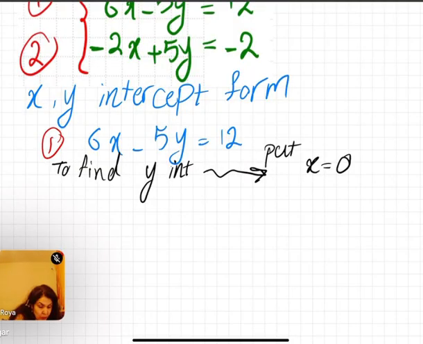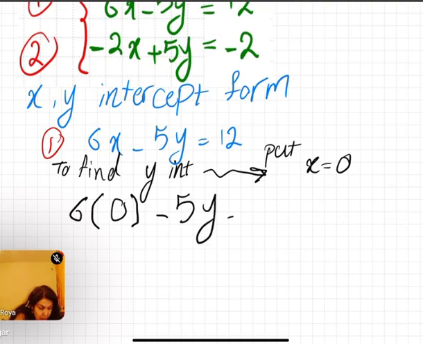So in the equation, instead of x, put 0. So we have 6 multiplied by 0 minus 5y equal to 12.